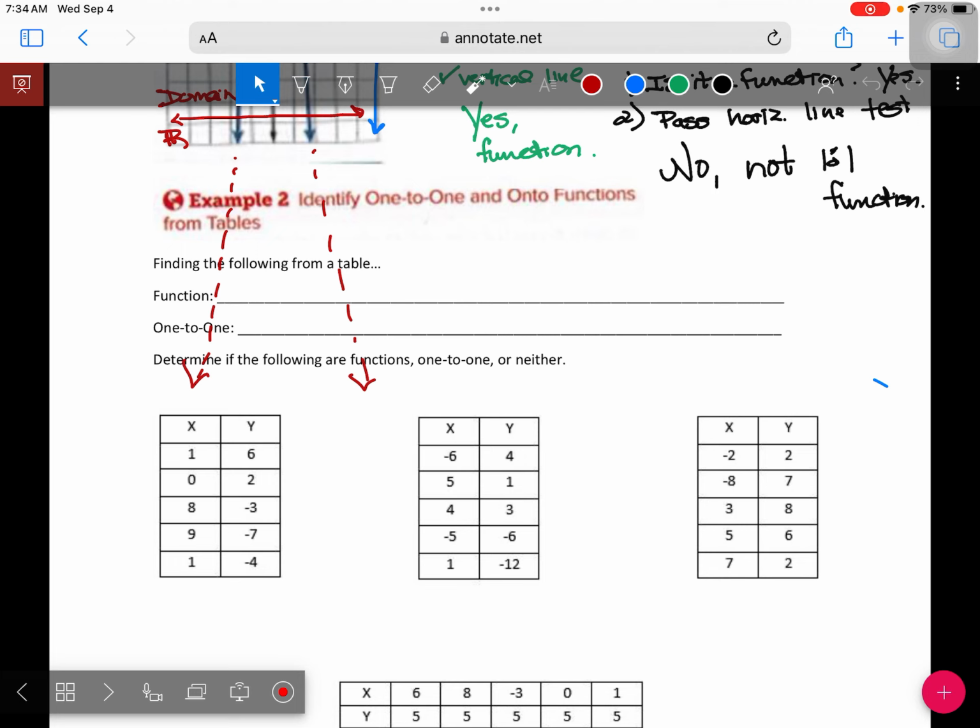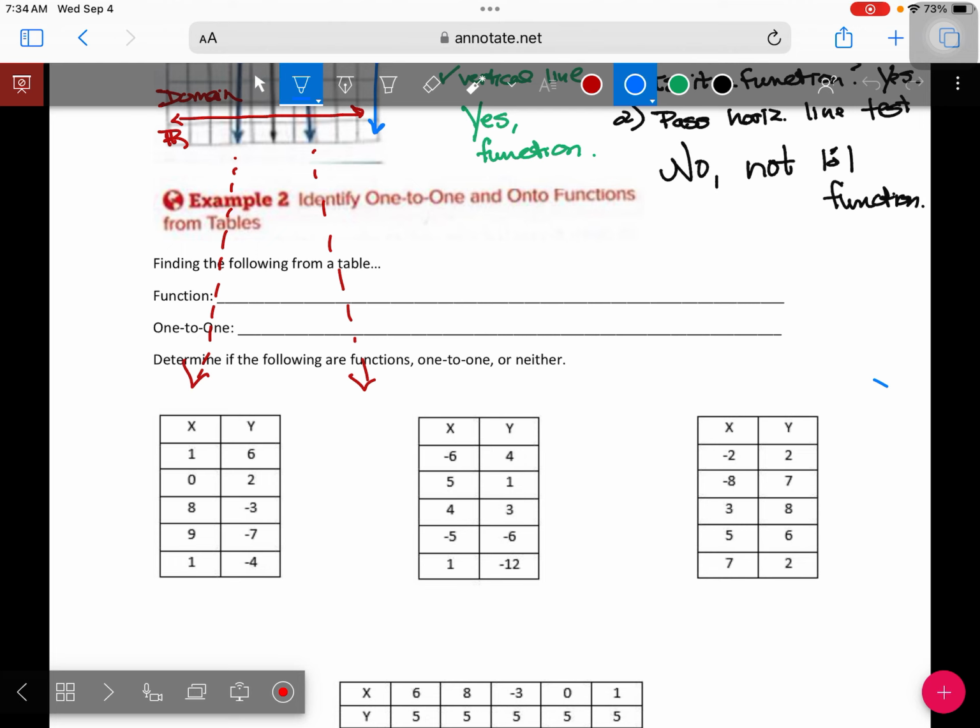Okay? All right, so a function. Here is the definition. Is it up? No, it's not.